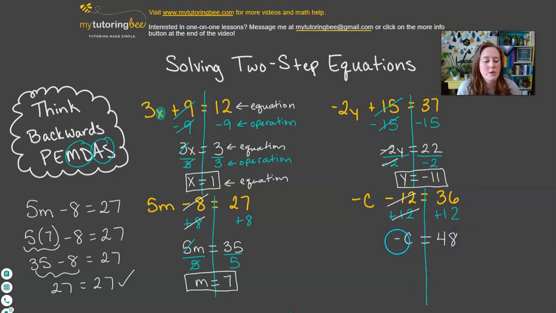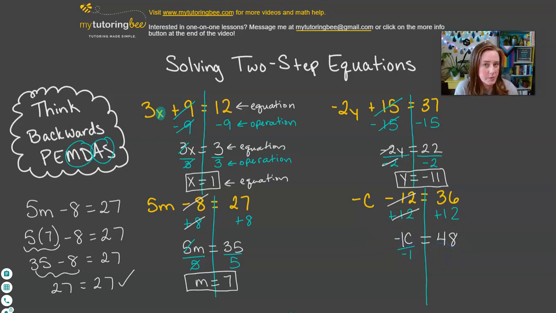All right, so this negative c, let's think about what that is. It is really a negative 1c, right? We just normally don't write the 1 in front of the variable when it's a 1 coefficient, whether that 1 is negative or positive. So we can think about that operation to undo that negative as dividing by negative 1, right? Because that is essentially what the coefficient is.